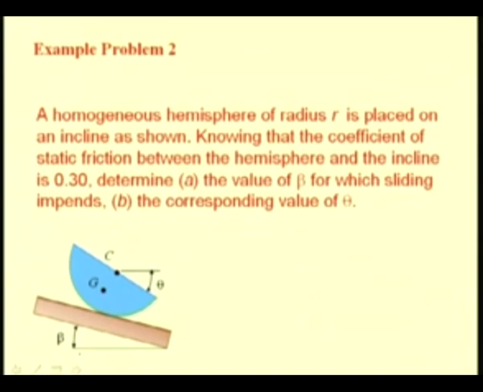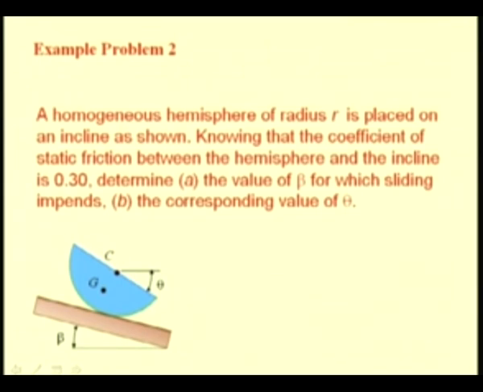So, let us take one example. Here you see a homogeneous sphere of radius r placed on this inclined plane. This is making an angle of beta with respect to the horizontal, and for any given position this hemisphere also makes an angle theta.